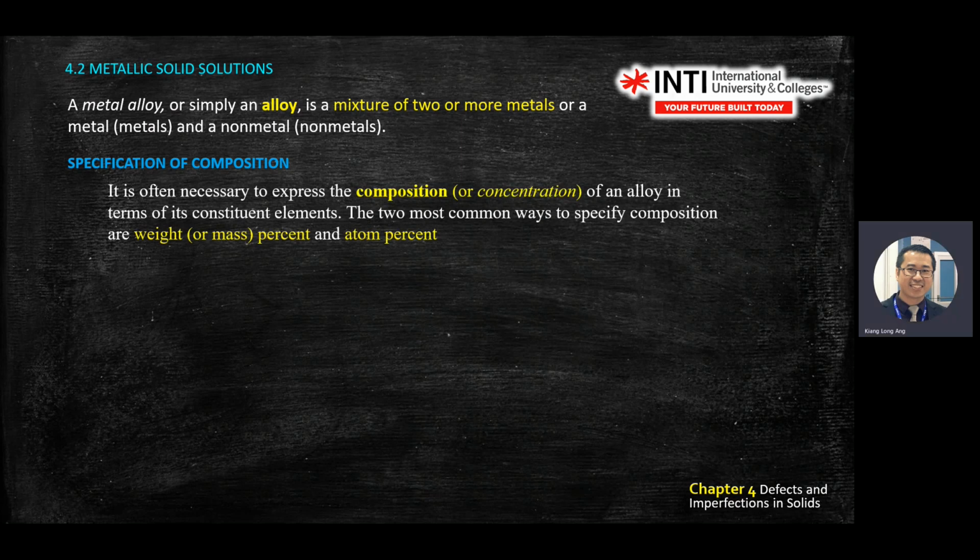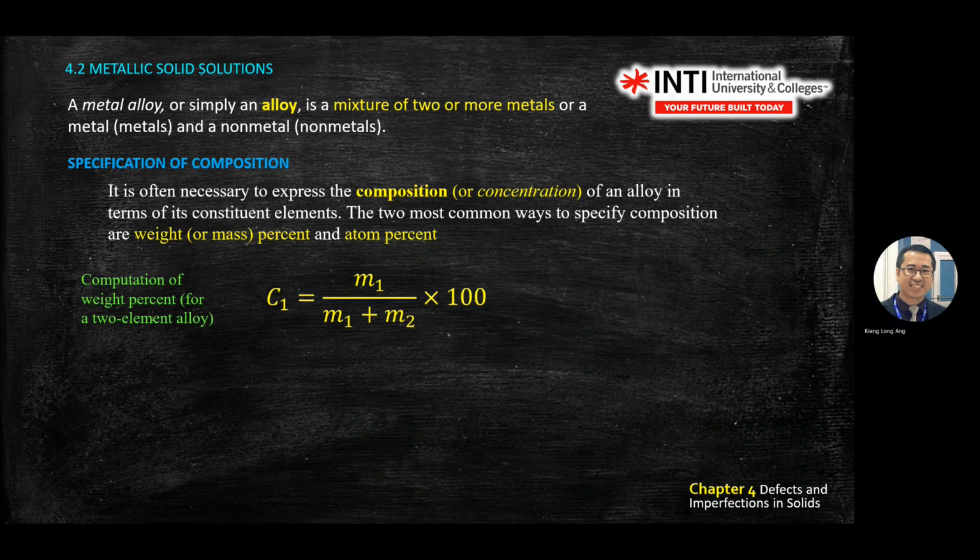We start to do composition calculation for alloys. The first equation is the concentration in weight percentage: C1 equals M1 divided by M1 plus M2, times 100%. So we specify the composition, or we call it concentration.